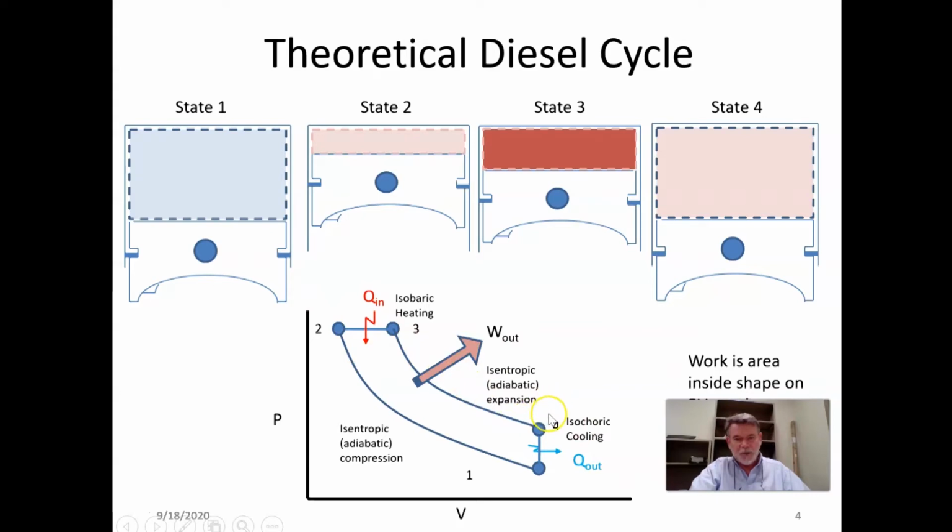And then you arrive at the point where your volume again is maximum. So the gases are completely expanded. And we start all over again at state 1. We admit fresh air, and then we start compressing again. Fuel injection here, so we put some heat in, and so on.